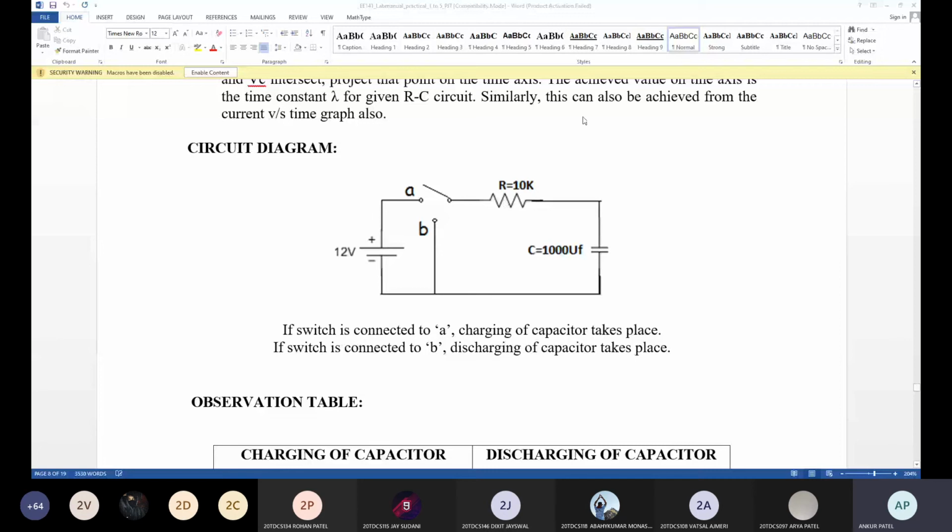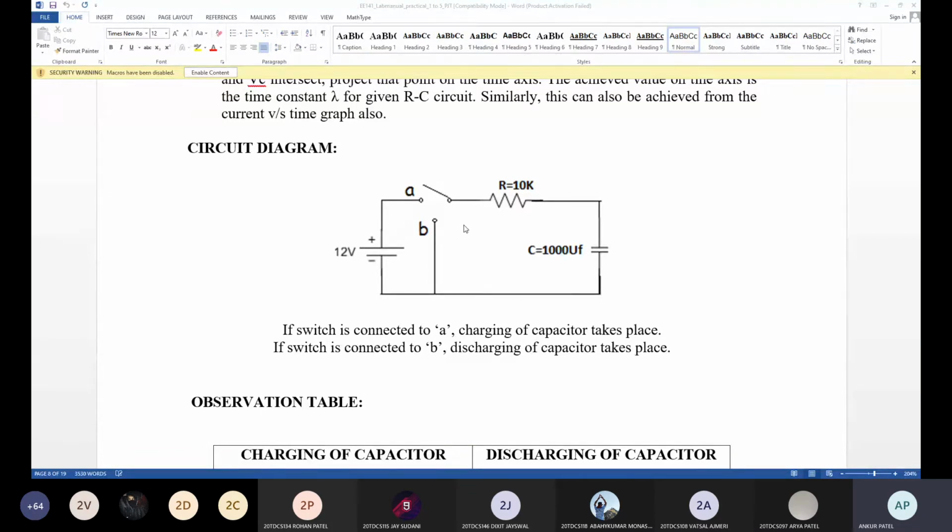So this A position is the charging position, and this B is the discharging position. Initially the capacitor has no charge. So when we give this 12 volt initially, the whole 12 volt will appear across this resistance.